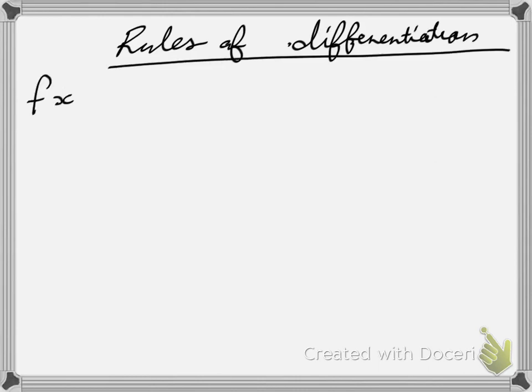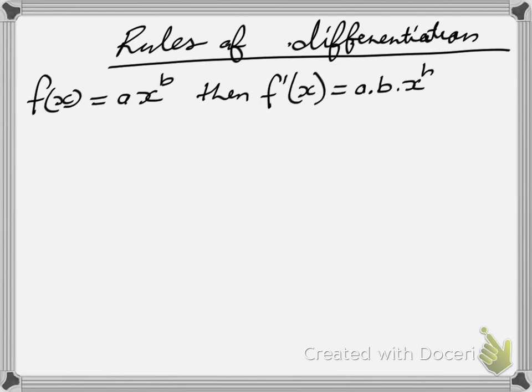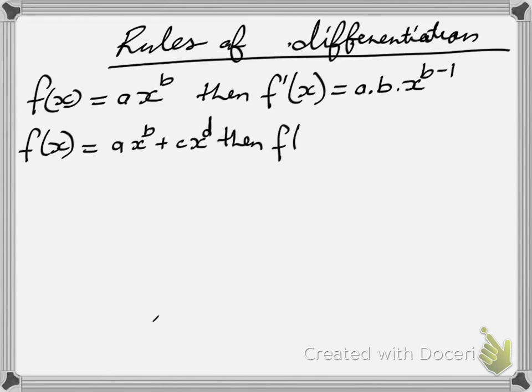Let's say you are given f of x equals ax to the power of b. Then when we differentiate, f prime of x will be a multiplied by b, x to the power of b minus 1. So we've reduced the exponent. Now f of x again equals ax to the power of b plus cx to the power of d.